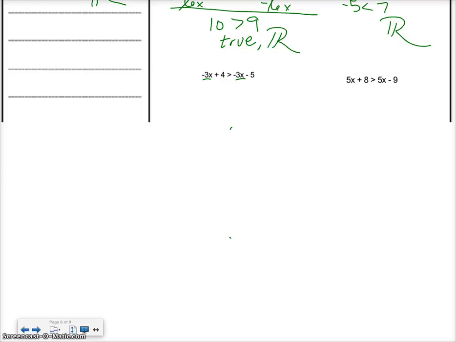Is 4 bigger than -5? Yeah, it is. 4 is bigger. But let me show you the algebra. I could plus 3x, cancel, 4 is bigger, cancel, -5, true. Or all real numbers.